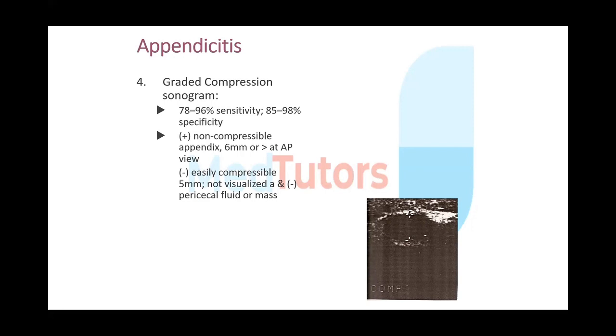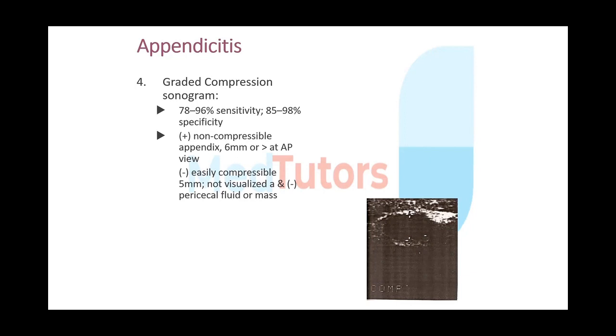Okay, so you have a positive finding: a non-compressible, aperistaltic tubular structure in the right iliac fossa, greater than 6 millimeters in diameter on the anterior posterior view.